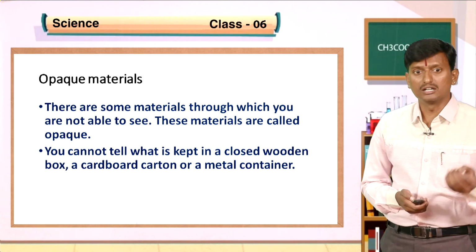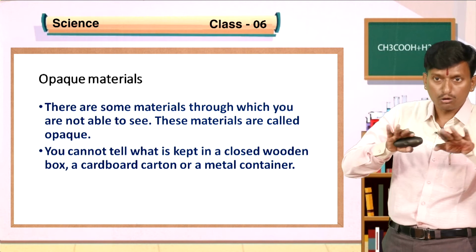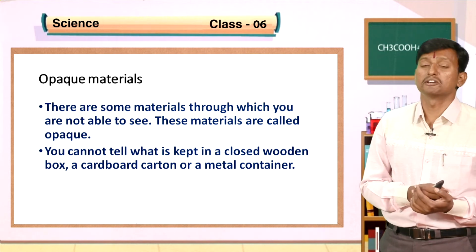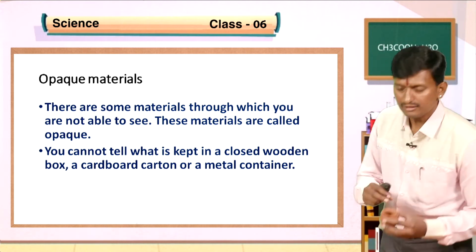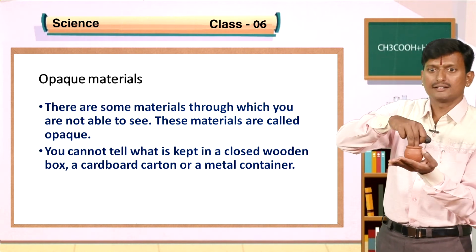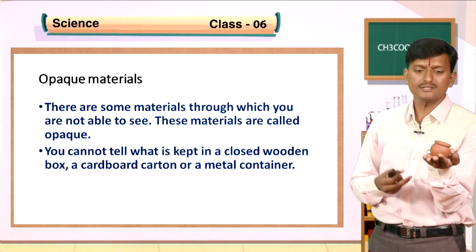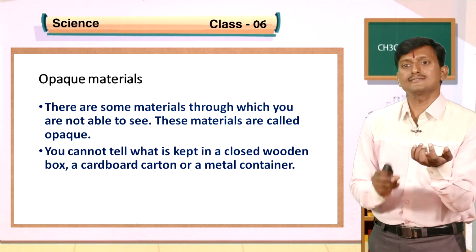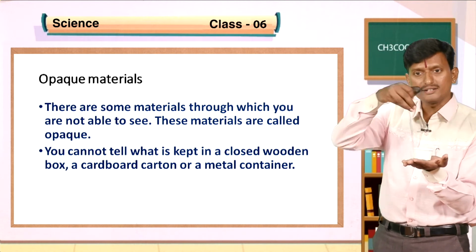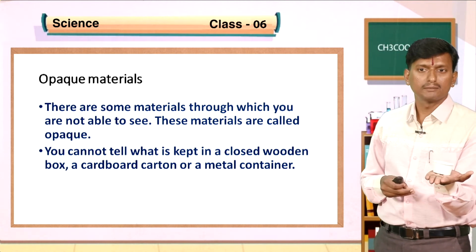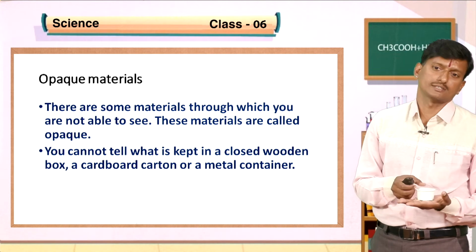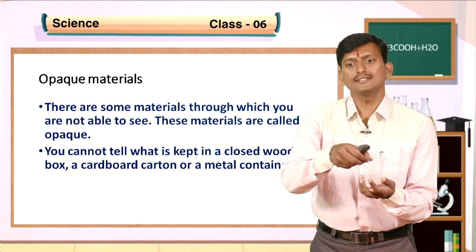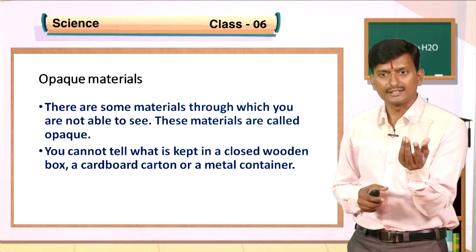You cannot tell what is kept inside a closed wooden box, a cardboard carton or a metal container. You cannot tell what is inside this mud pot, because it is an opaque object. You cannot say what is inside this paper cup, because it is an opaque object. But you can easily say what is there inside this cup.